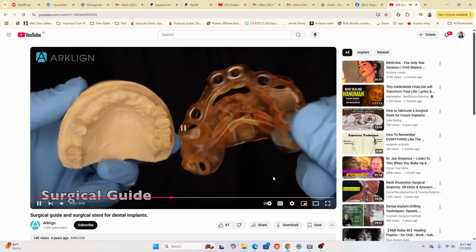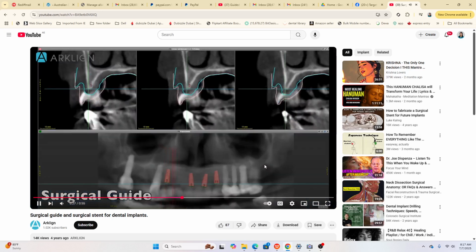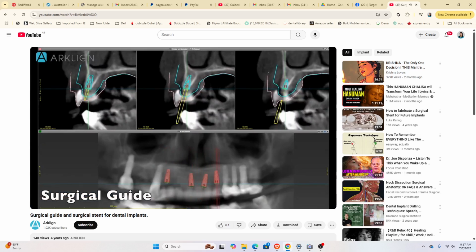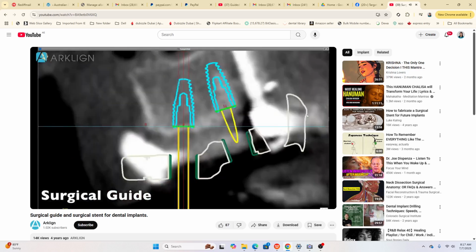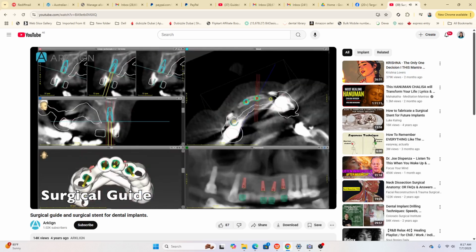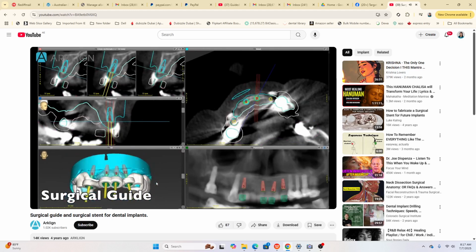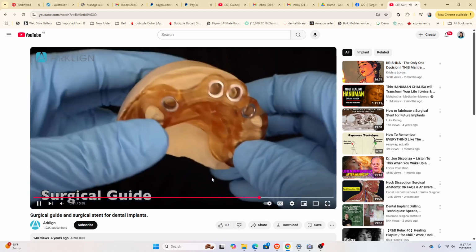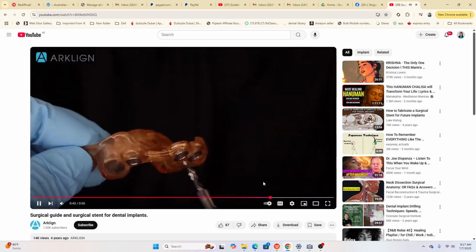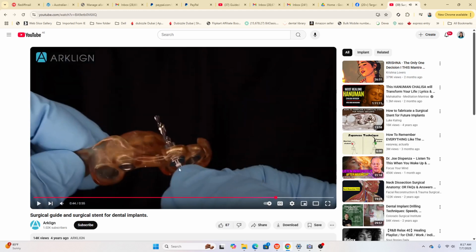But in a surgical guide like this, yeah, I want you to see this part.